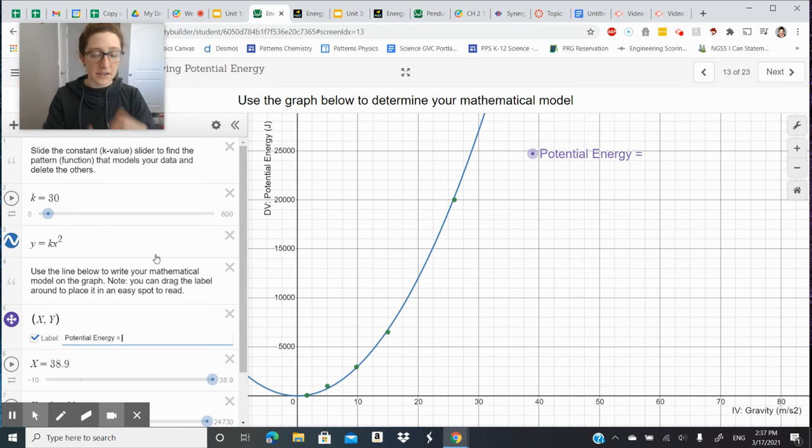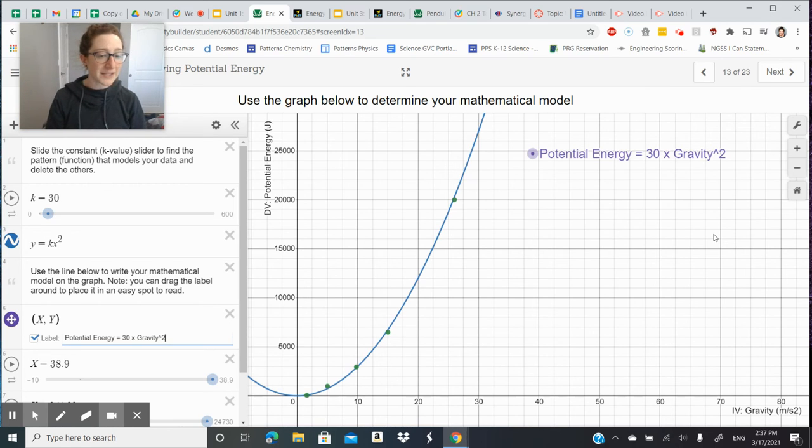Okay, k is 30, so that's a constant. 30 times x, and gravity is my independent variable, and in this case it is squared. By the way, Shift 6 gives me that little caret. And so now I have my fake equation for my fake data: potential energy is equal to 30 times gravity squared. Fake equation goes with my fake data.